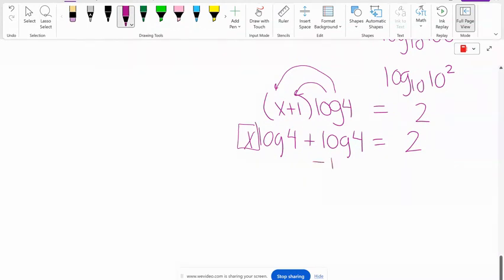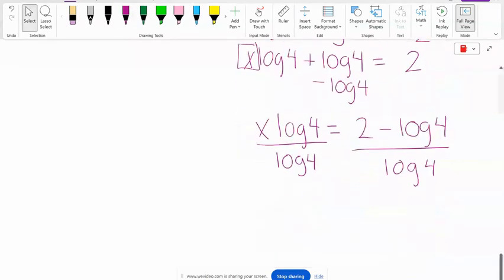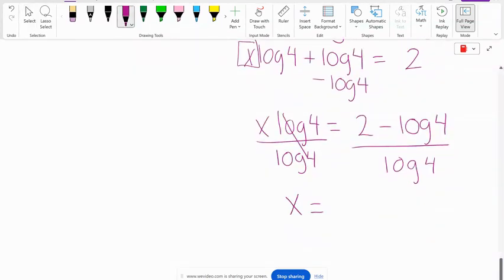So I'm first going to subtract the log of 4. So I'm going to have x log of 4 is equal to 2 minus the log of 4. Then I'm going to divide by the log of 4. So in your calculators, you are typing in 2 minus the log of 4 over log of 4.